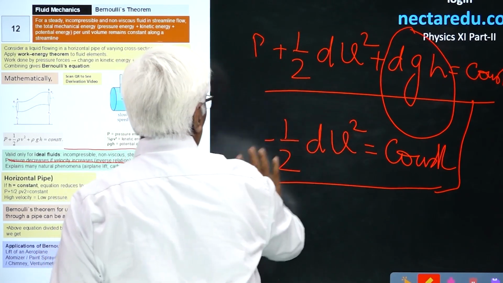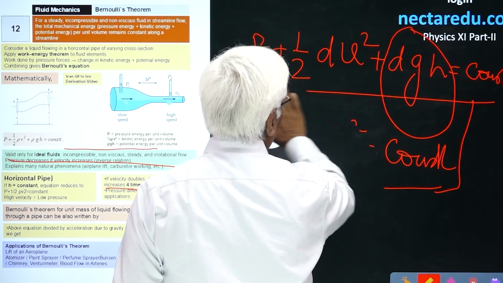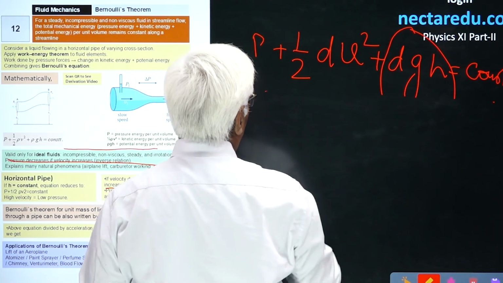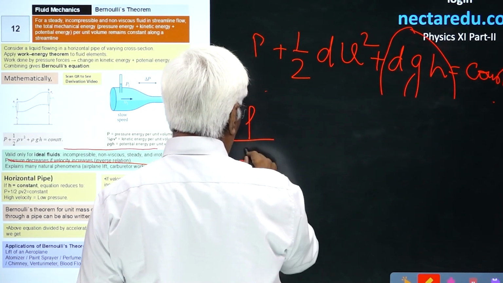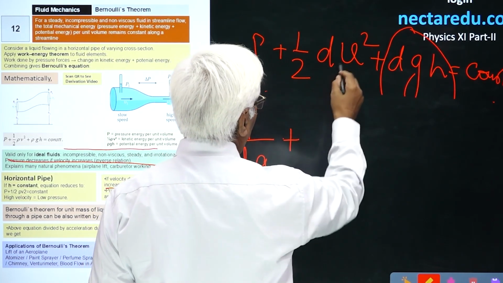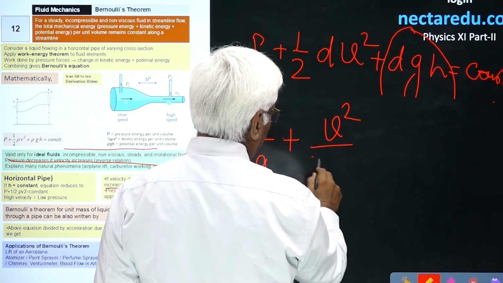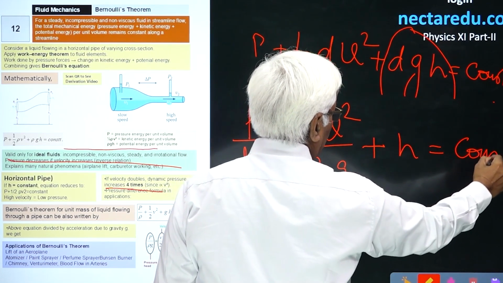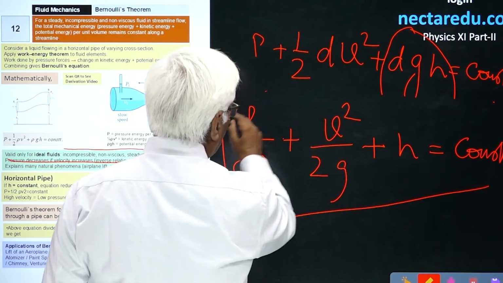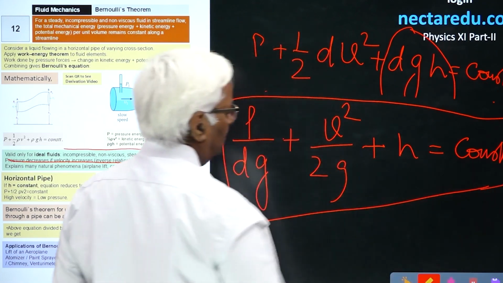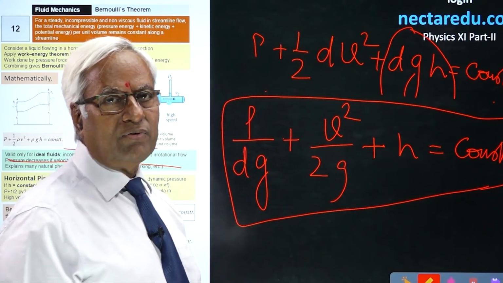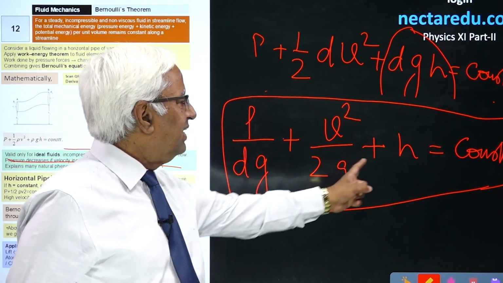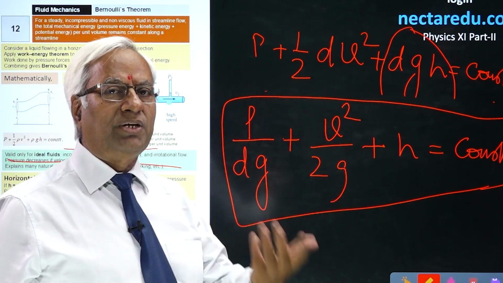One very important thing is that if you divide the whole equation by dg, you are going to get another format of the whole thing. Now you get three terms. Again, these are known as heads. You could say for an ideal fluid in streamline flow, the sum of three heads is constant. What are those three heads?